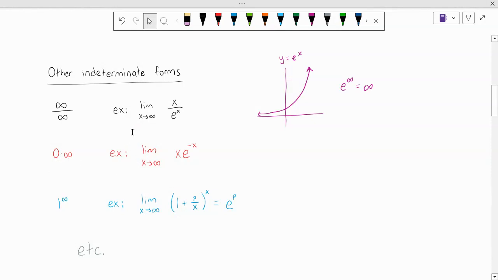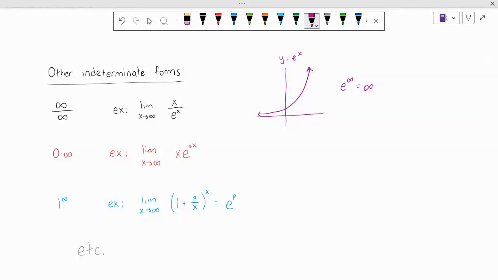And then here's an example of a limit that will give you a 0 times infinity indeterminate form. Here, x is approaching infinity, so this first term is already going to give you the infinity part. And then if you look at the e to the minus x, here you can look at the graph of e and see that because of the minus in front, the exponent is really approaching negative infinity.